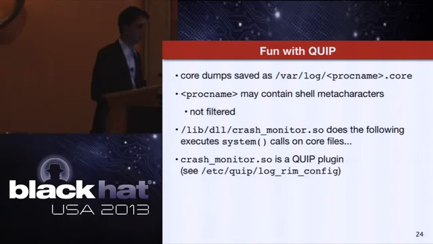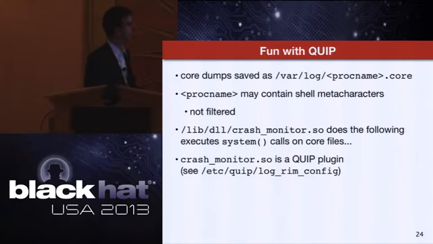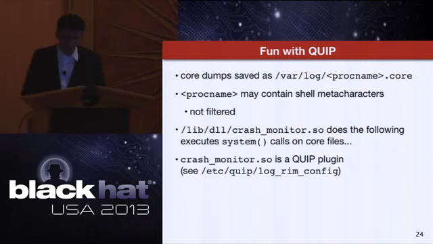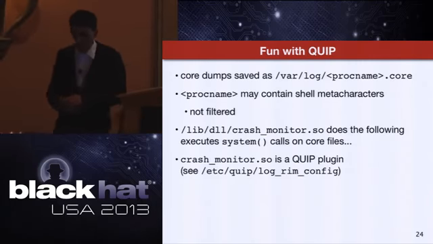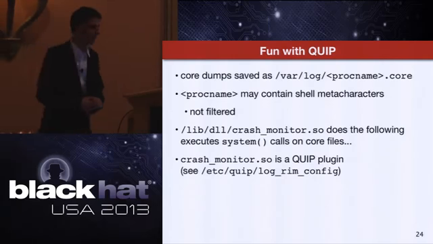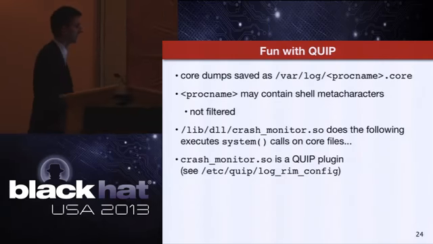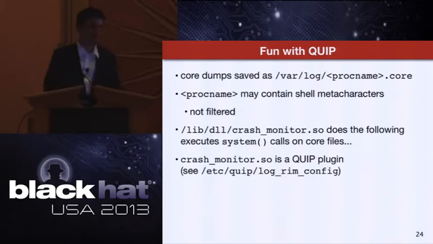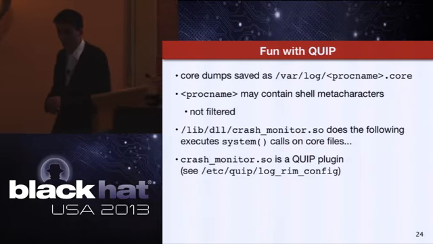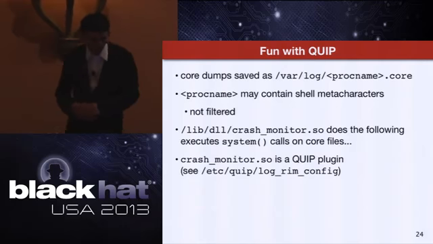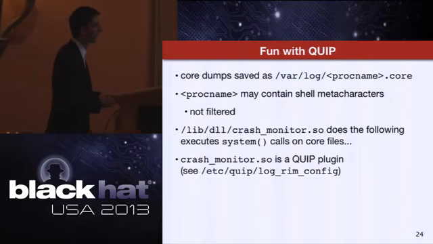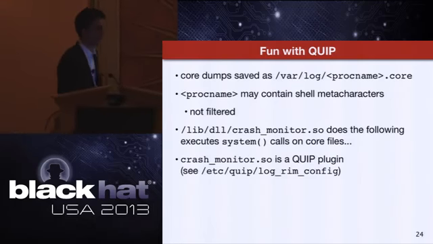And for instance, there's a plugin for this quip that looks at the crashes, and it looks at critical crashes. And crashes are stored in var log, and they're stored according to the process name that has crashed. And again, there's no filtering going on any of the characters, so the proc name may contain shell meta characters as well.